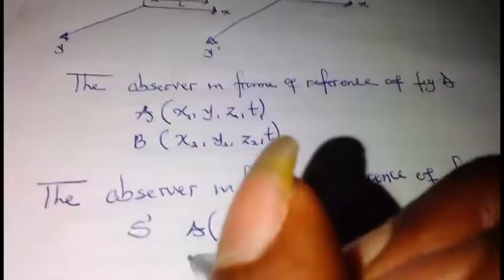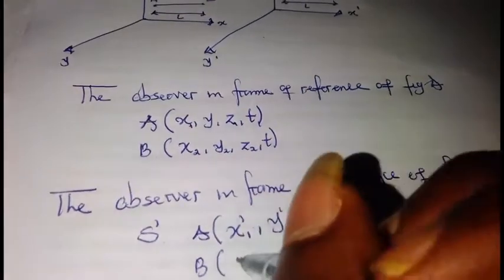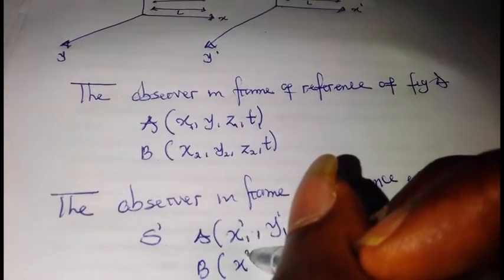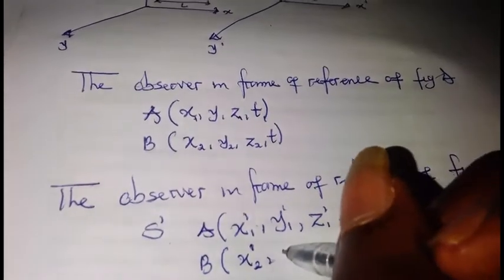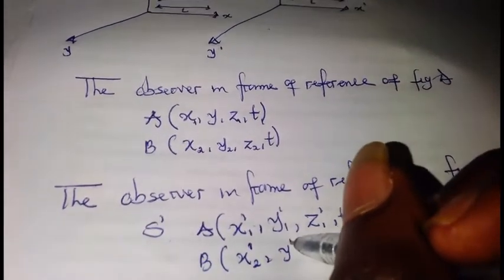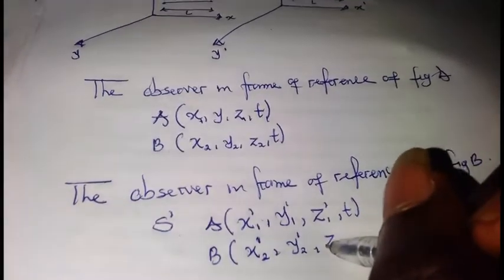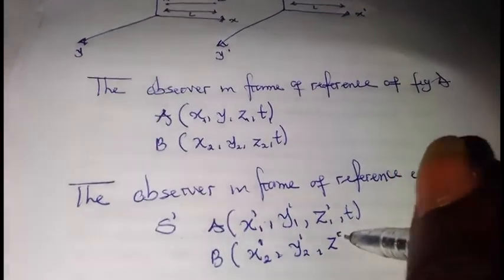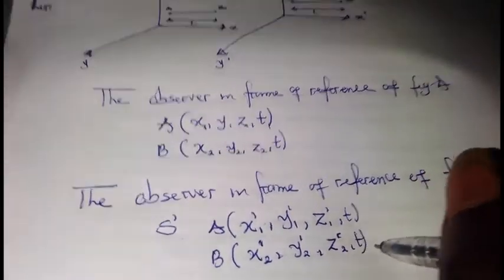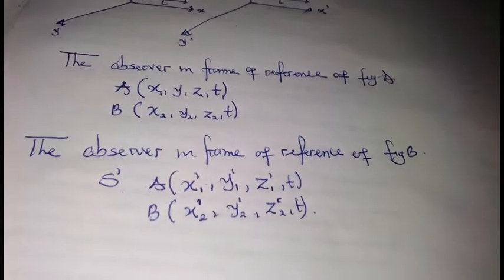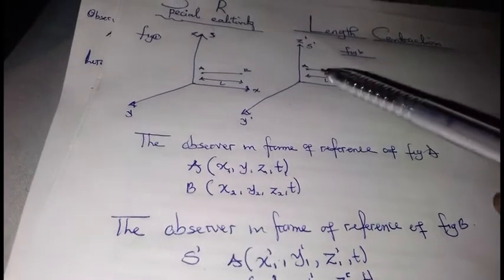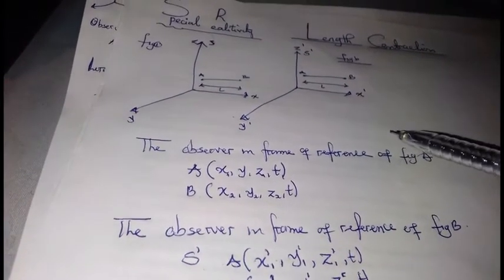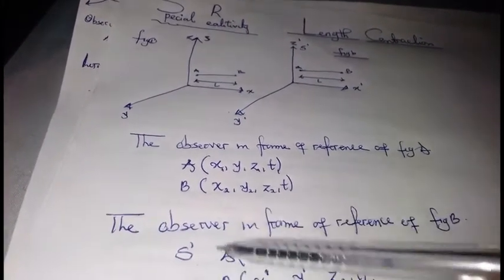While for B I will have x prime 2, y prime 2, z prime 2, and t. Alright, so I've gotten the Cartesian coordinates for both figure A and B.